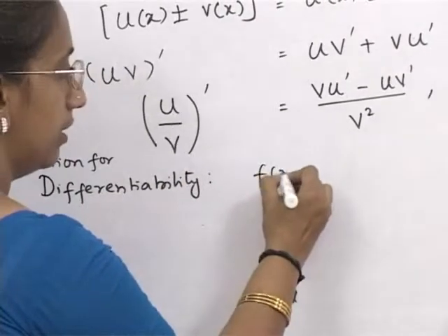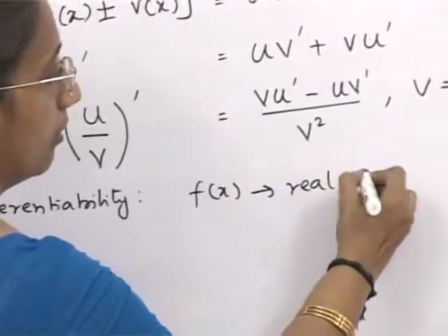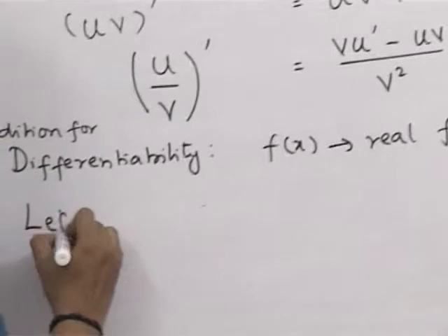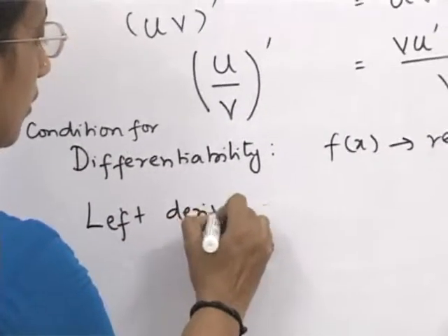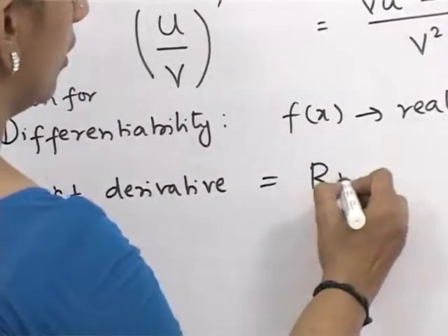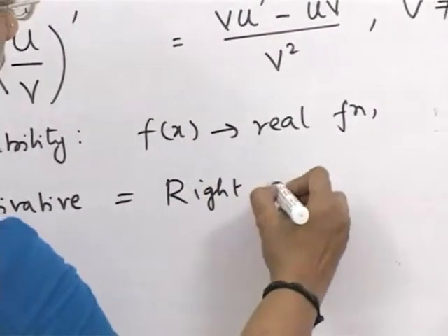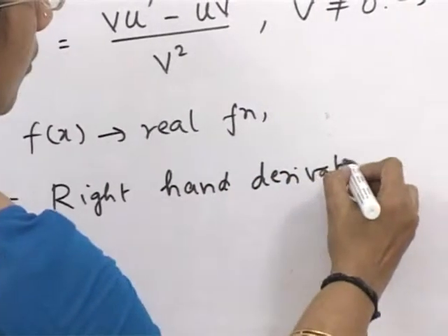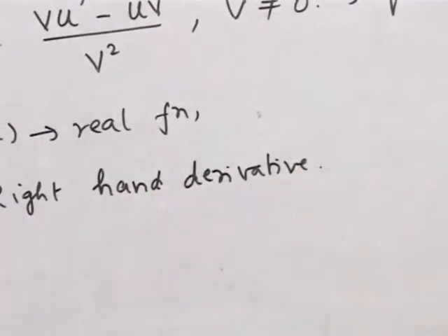Now if f(x) is a real function, we need the left hand derivative to be equal to the right hand derivative for the function to be differentiable.